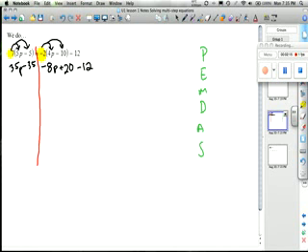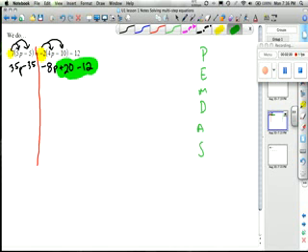Okay? Now, this side is not yet completely simplified. This 20 here and this 12 are like terms, so I will combine those like terms. That's the add and subtract portion. So when I combine those two, 20 minus 12 is going to be 8.